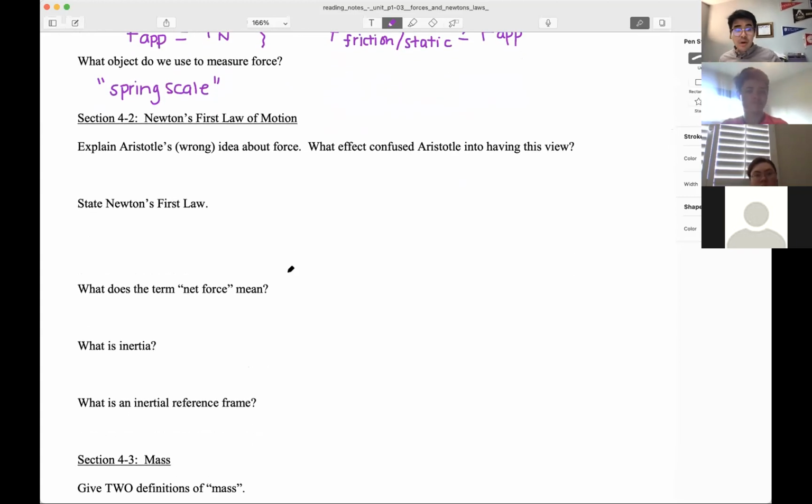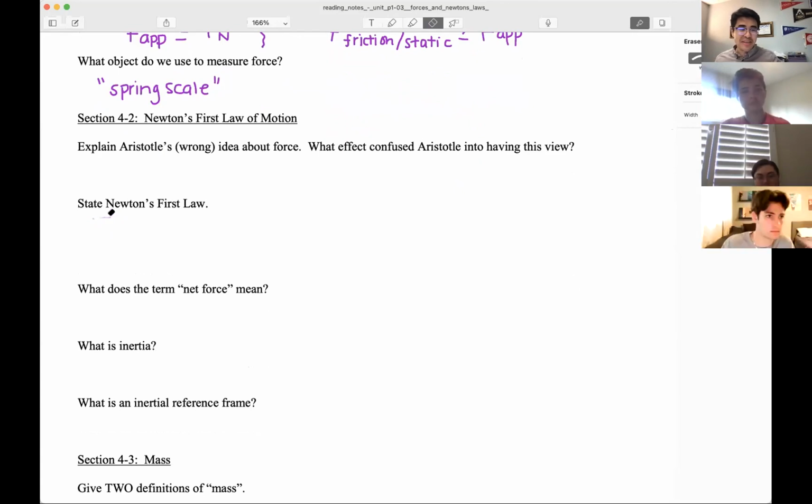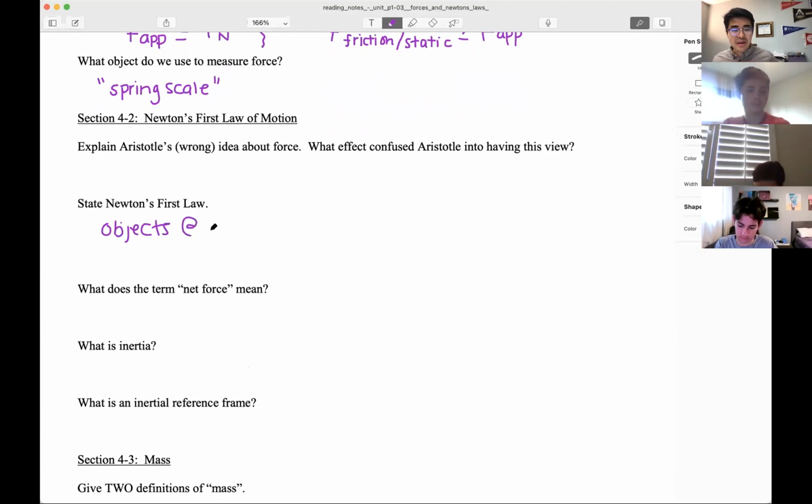Okay, so what is Newton's first law? That one should be easy, right? For every action. No, sorry, that's number 3. Oh my gosh, that's confusing. What's law number 1? The law of, quote unquote, inertia, even though we don't say that. Objects at rest stay at rest.